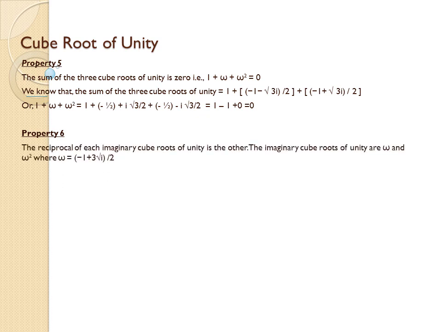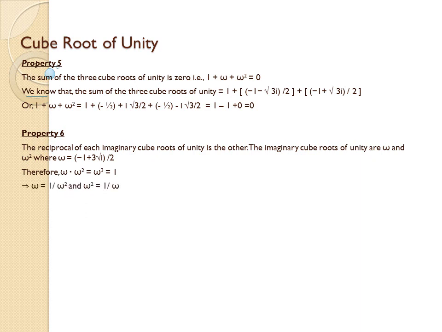Property number 6. Property number 6 is the reciprocal of each imaginary cube root of unity is the other. The imaginary cube roots of unity are called omega and omega square. So omega equal to, let's say, -1 plus √3i by 2, and we know omega into omega square equal to omega cubed, that is equal to 1. We proved earlier.